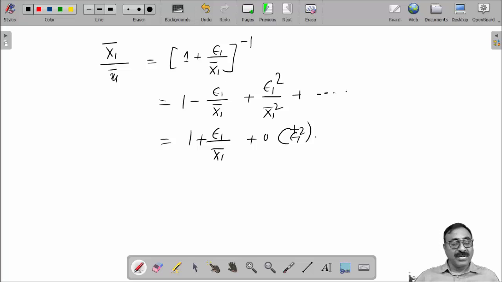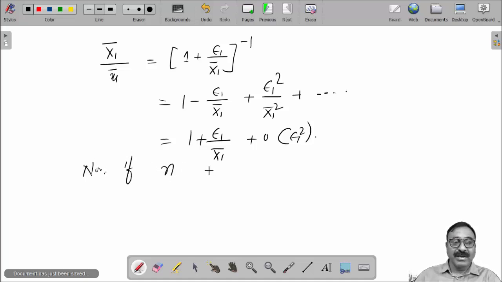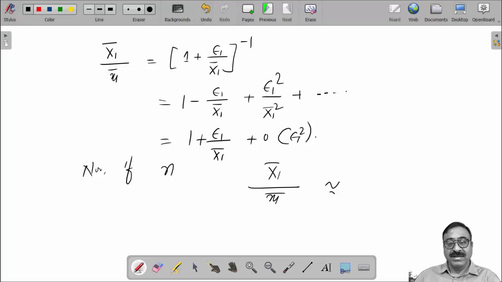So we consider up to first order approximation only. So if n is very large, we can have X1 bar by x1 bar approximately equal to 1.